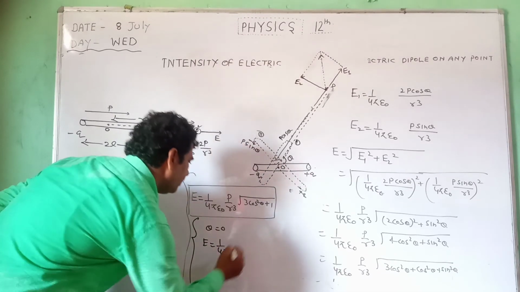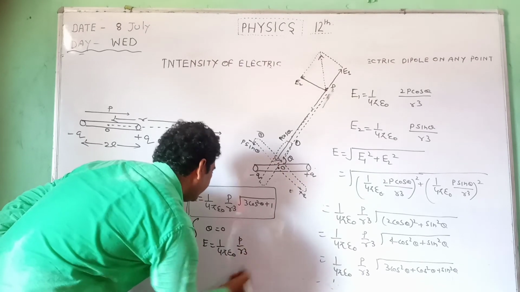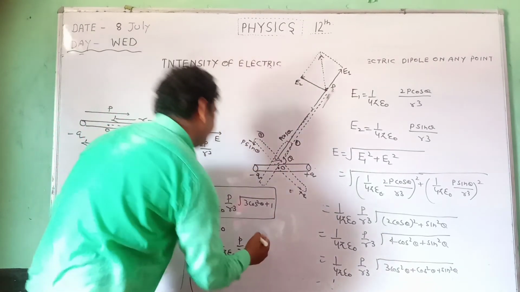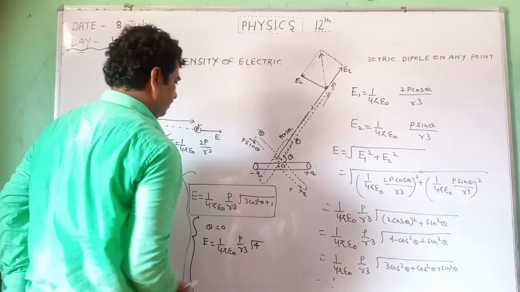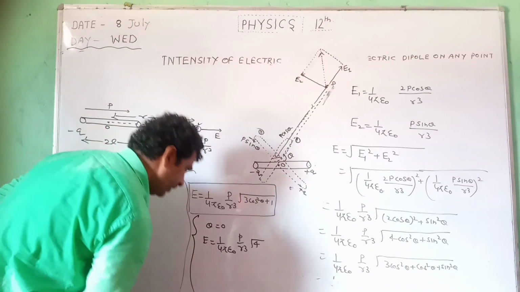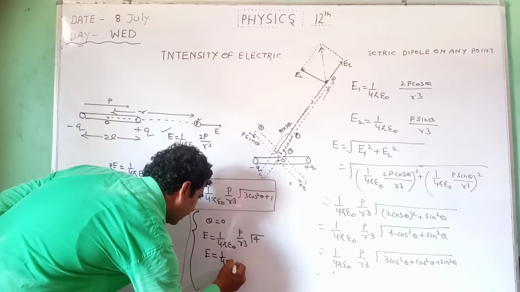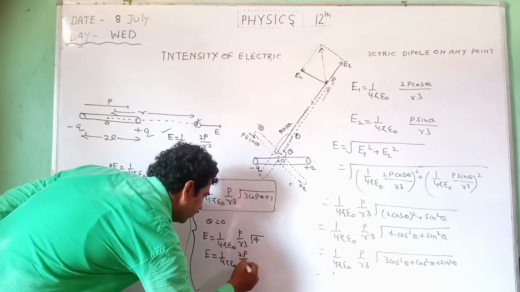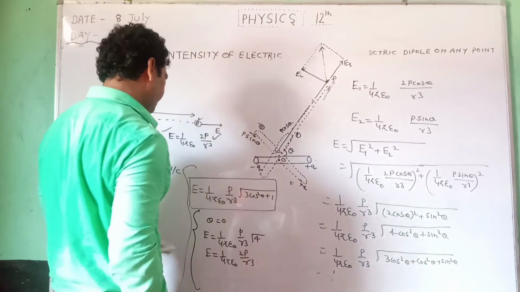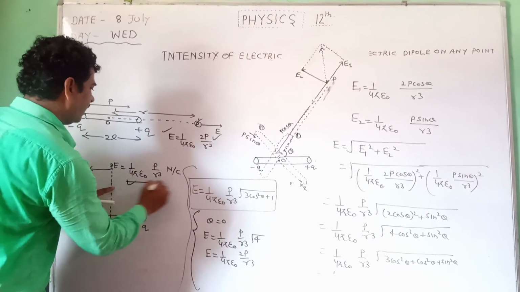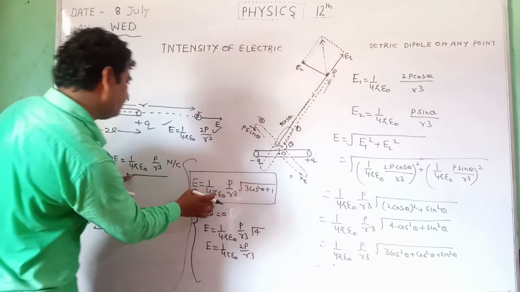Theta is equal to 0 degree, so here we get under root 4, because the value of cos 0 is 1, and E is equal to 1 upon 4 pi epsilon naught, 2p upon r cube. Look here, this formula we can derive with the help of this formula.